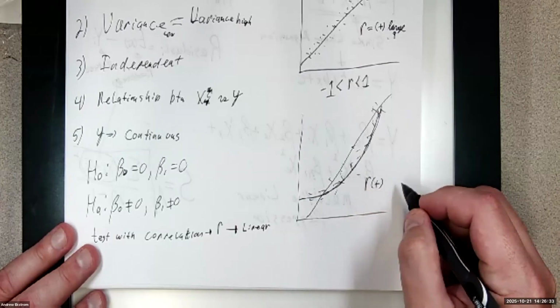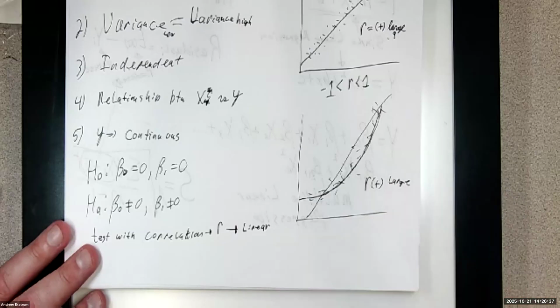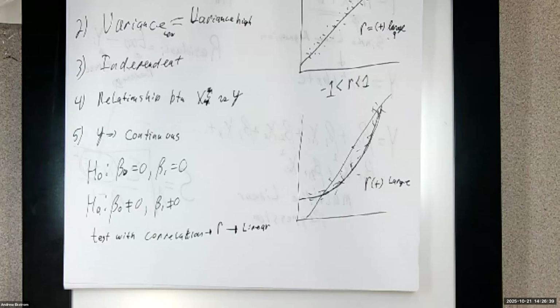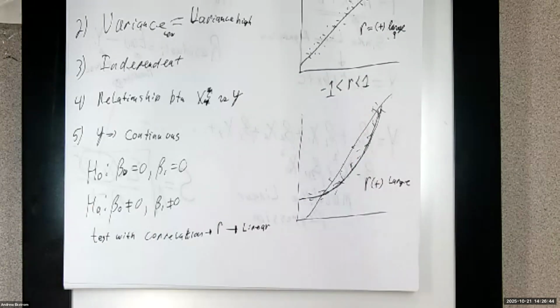R is still going to be positive, and in this case, still going to be large, within the range of values that I've got here. But the data in this case are not linear. This could be exponential. This could be quadratic. There are all sorts of things that could be going on here to make it look like that.